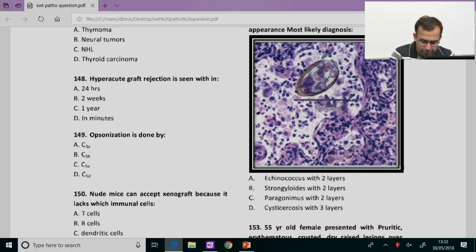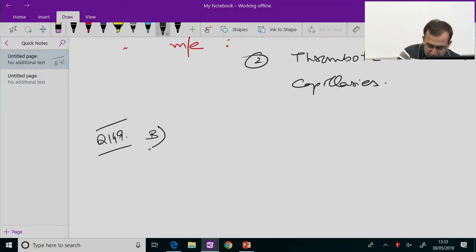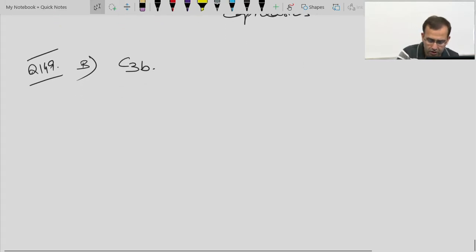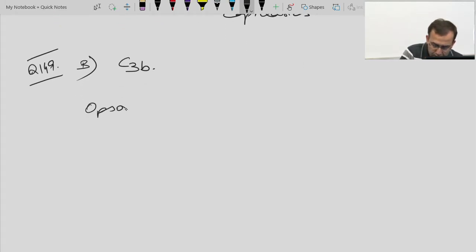Opsonization is done by C3b. The answer is B, that is C3b. Again, an important easy list, repeatedly asked. What are opsonization agents?